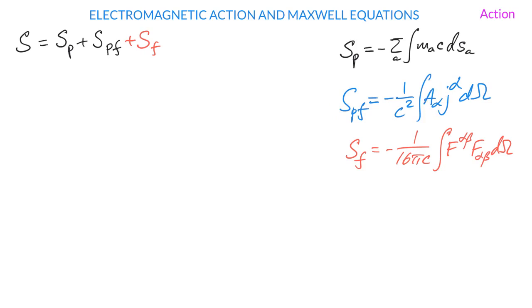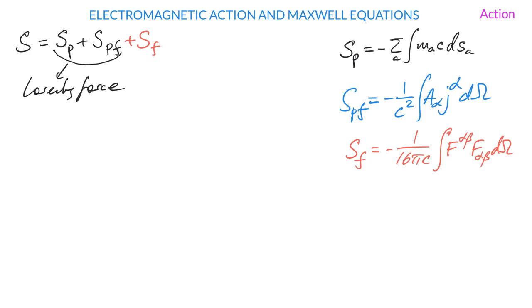If we do a gauge transformation on this A, that is equivalent to adding a full differential of the gauge function, which integrates out and does not affect the equations of motion. Previously, we saw that taking this action and varying the first two terms with respect to the particle trajectories gives us the Lorentz force. Now, notice that adding S sub f does not change anything in that derivation because S sub f only depends on the field coordinates and not on the particle trajectories.